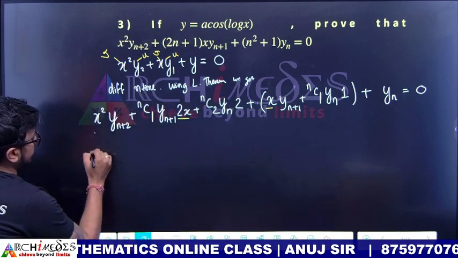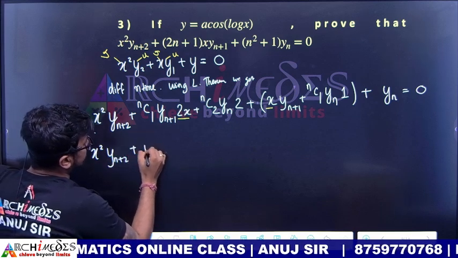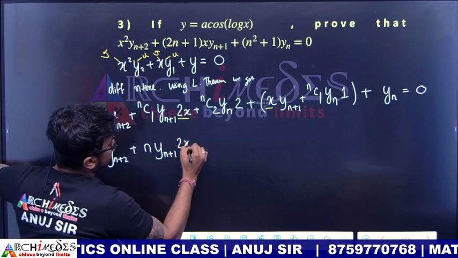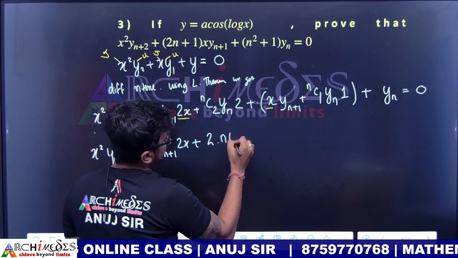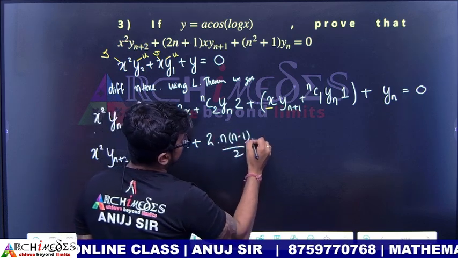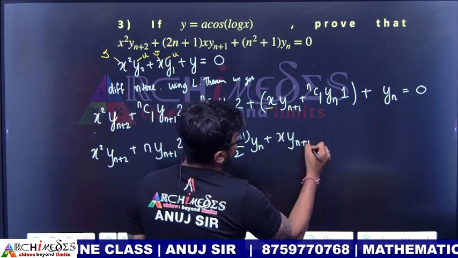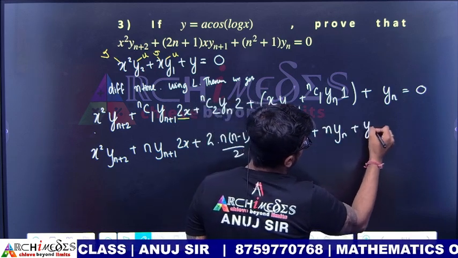Now, again, using the same concept, y n plus 2 over here plus n y n plus 1 2x plus n into n minus 1 by 2 yn into 2, plus if I open the bracket, it becomes y n plus 1 plus nC1 is n, yn plus yn is equal to 0.